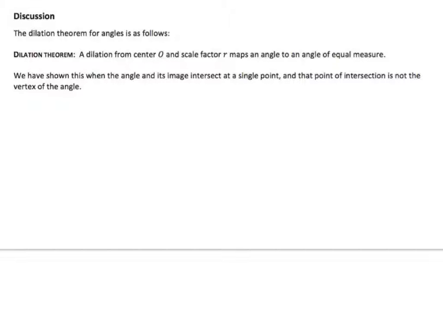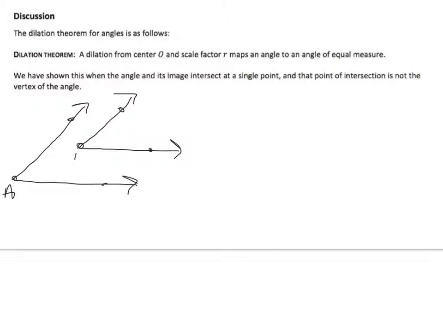If I have angles that maybe dilate out, where the sides of my angles are rays, so rays extend out forever, but maybe the points on the rays have gotten shorter, where I've got A and A prime, our angles are still equal measure.